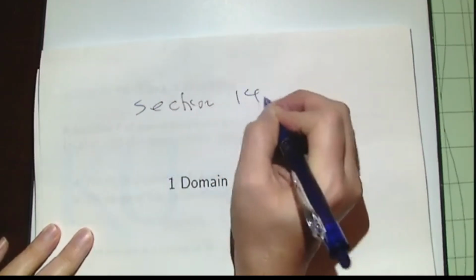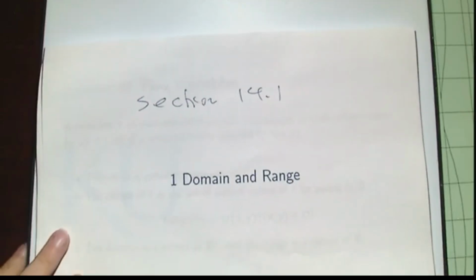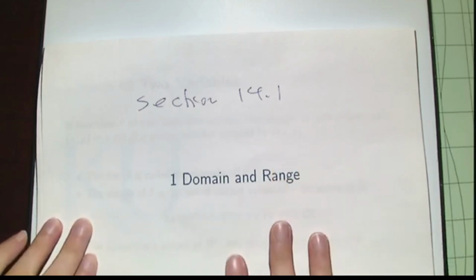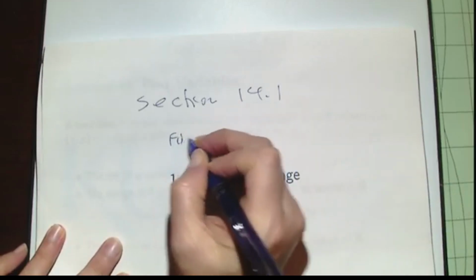So we're still in section 14.1. Then I'm going to go back today to section 12.7. So they're a little out of order because 12.7 is more related to 14.2. Now, we start with the graph of a function; we talked about functions of two variables.